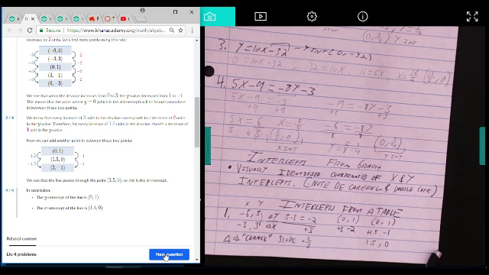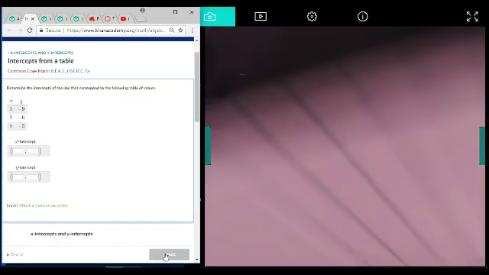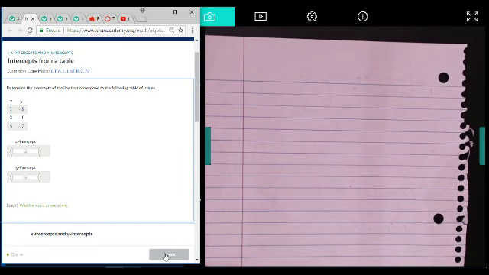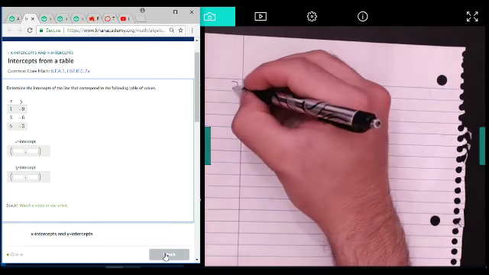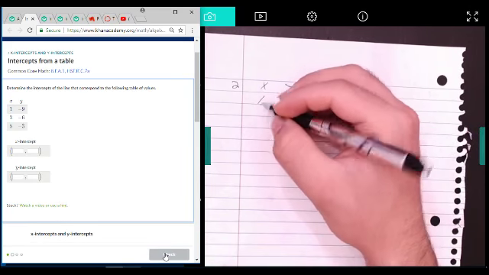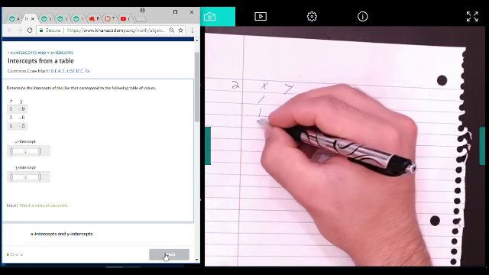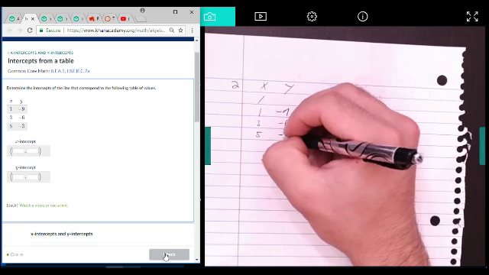Alright, let's go to the next question. And with the next question, we can flip over the piece of paper. We'll have x values for problem 2. X values of 1, -9, 3, -6, and 5, -3.